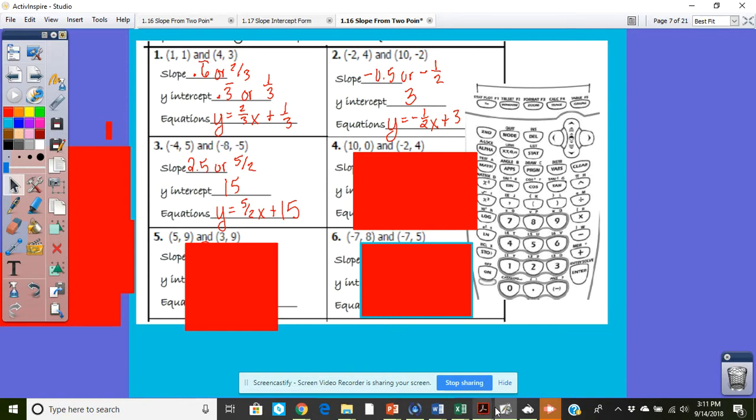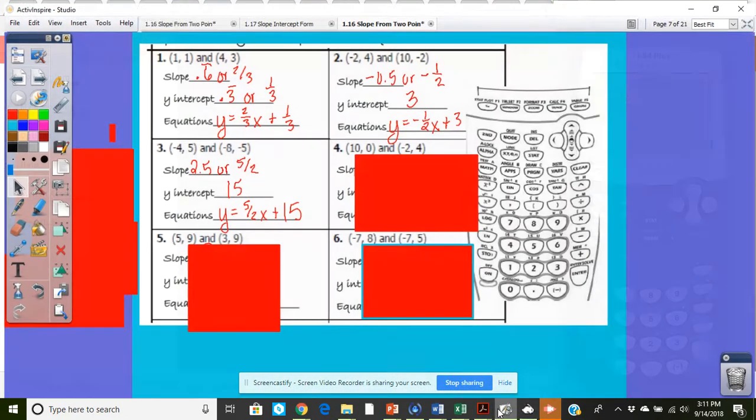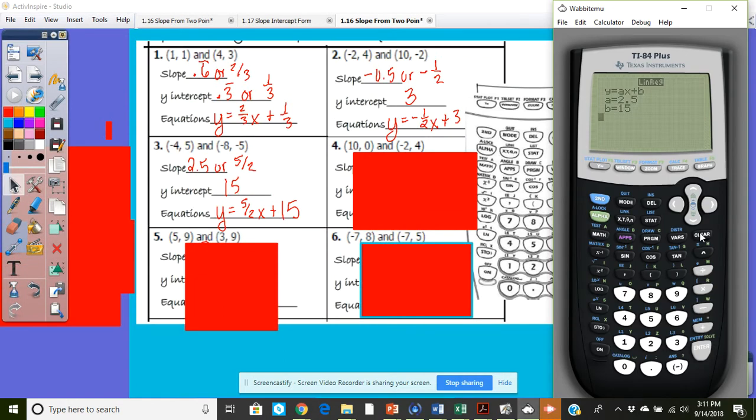All right, number 4. So clear, and you can clear with second plus 7, 1, 2. We'll clear those lists really quick for you. My x values are 10 and -2, and my y values are 0 and 4.